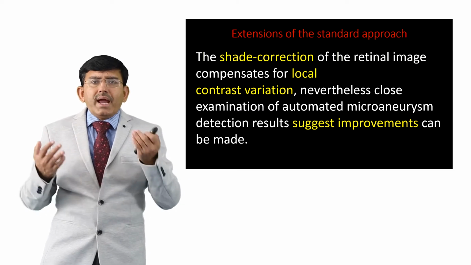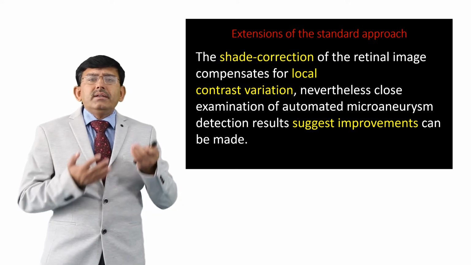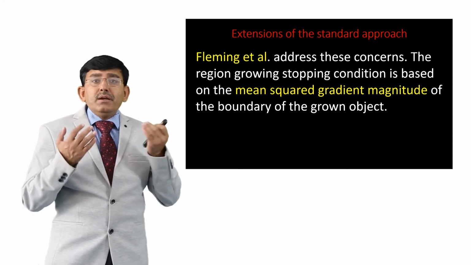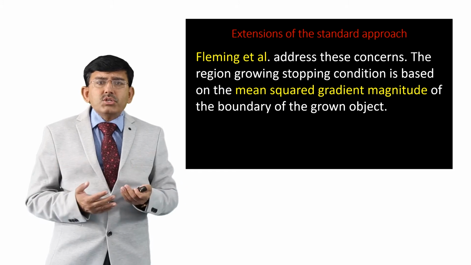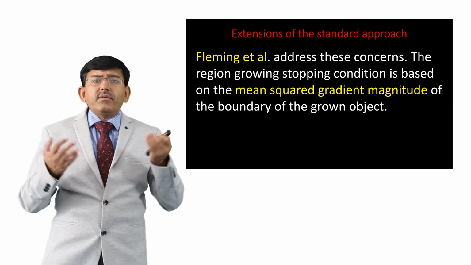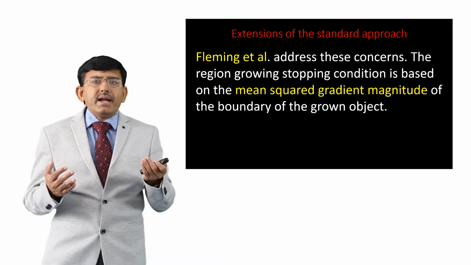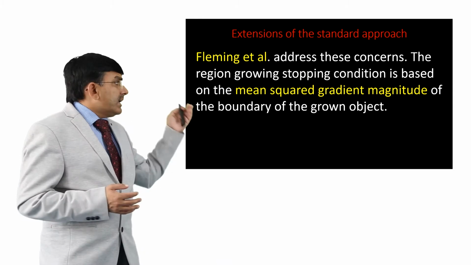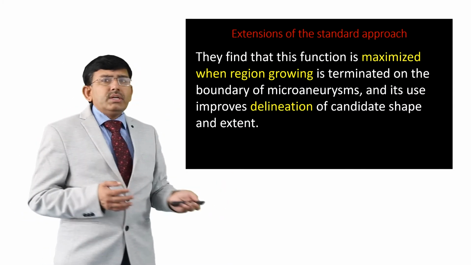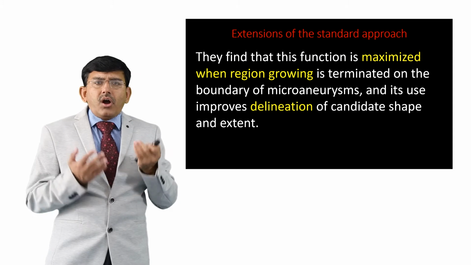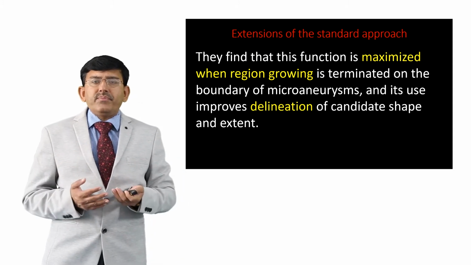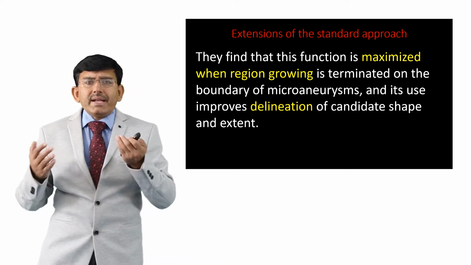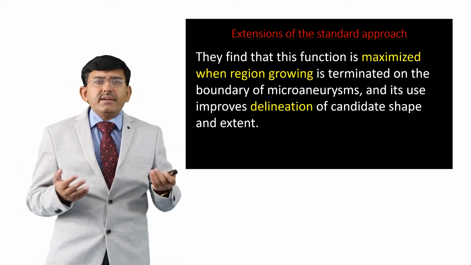Fleming and his group address these concerns. The region growing stopping condition is based on the mean squared gradient magnitude of the boundary of the grown object. They find that this function is maximized when region growing is terminated on the boundary of the microaneurysm, and its use improves delineation of candidate shape and extent.